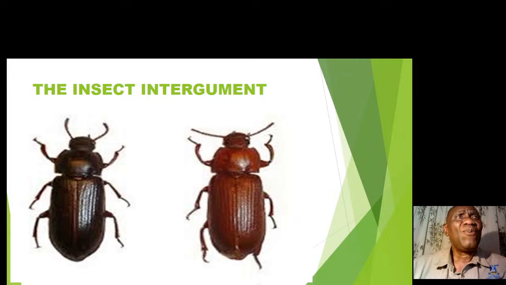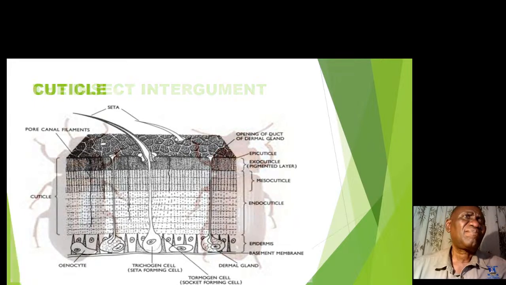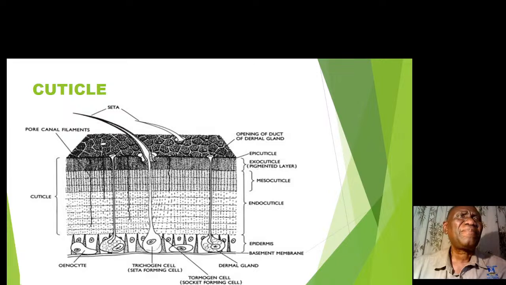What about the insect? The insect pests may have what they call the integument, which also looks like what the plants have. So the insects also have this cuticle. We have the epicuticle and the endocuticle.